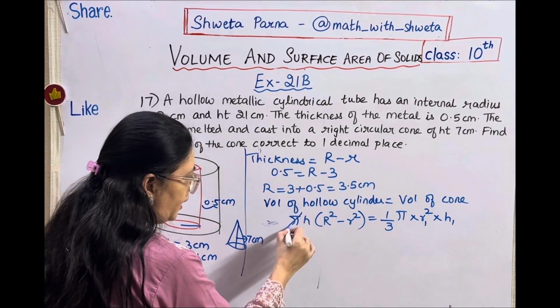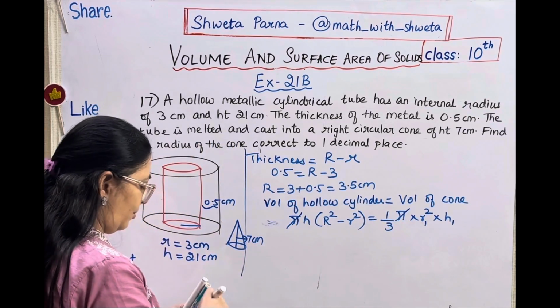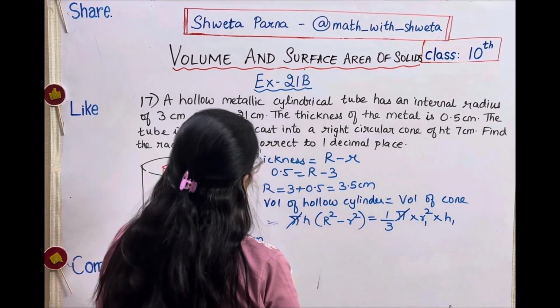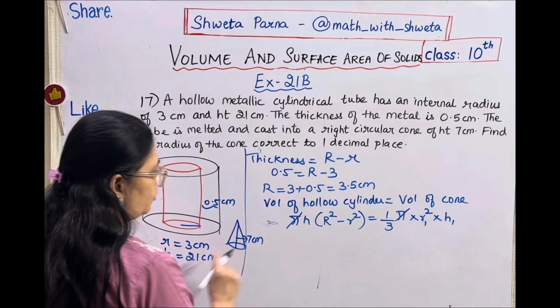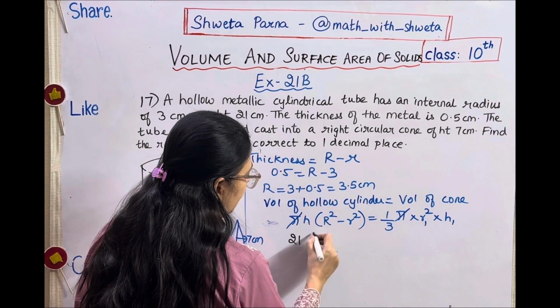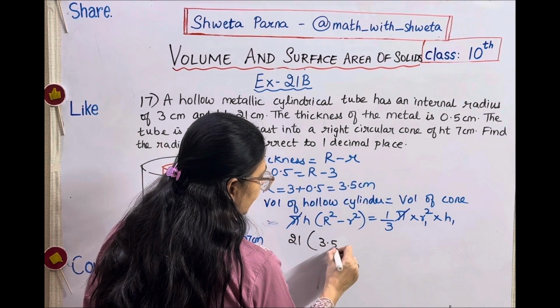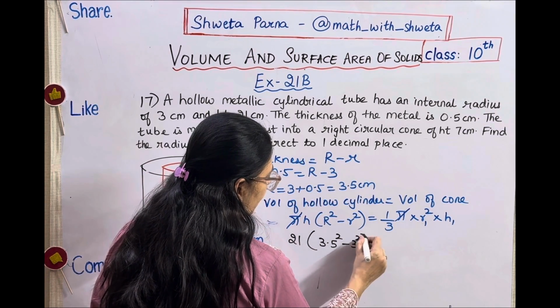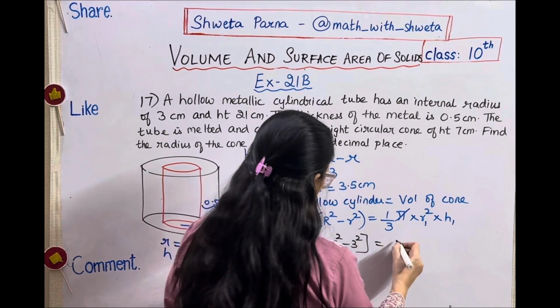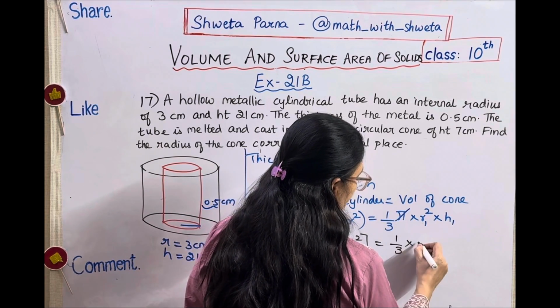Okay, pi and pi get cancelled. Come on, let's solve it. What is the height of the cylinder? It is 21. 21 into what is R? R you got 3.5 square minus 3 square is equal to 1 by 3 into r1 square.